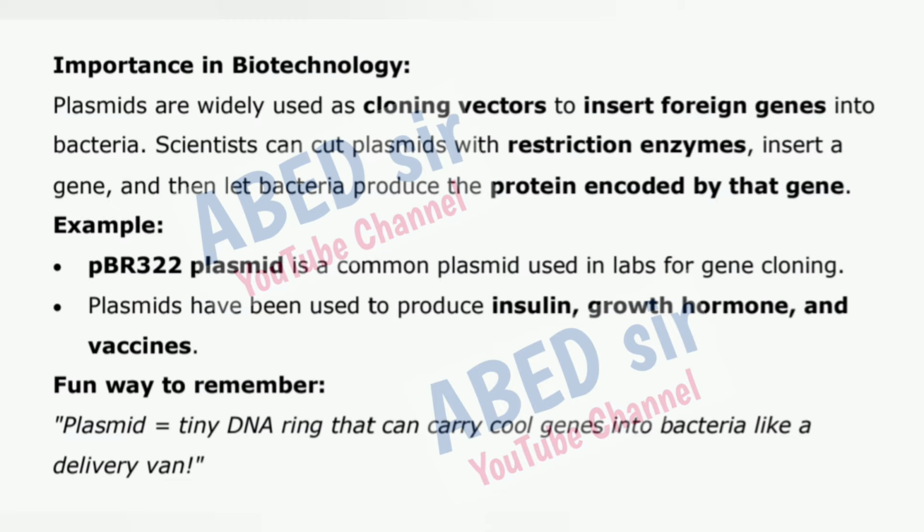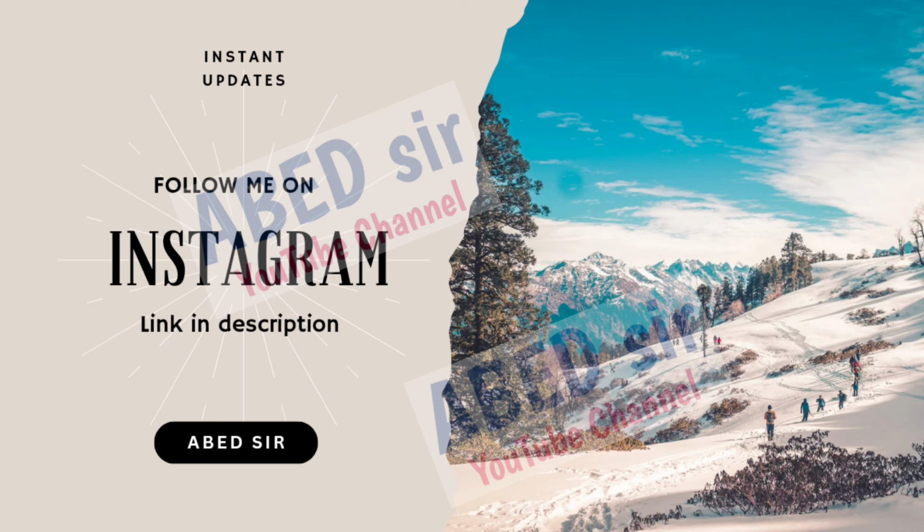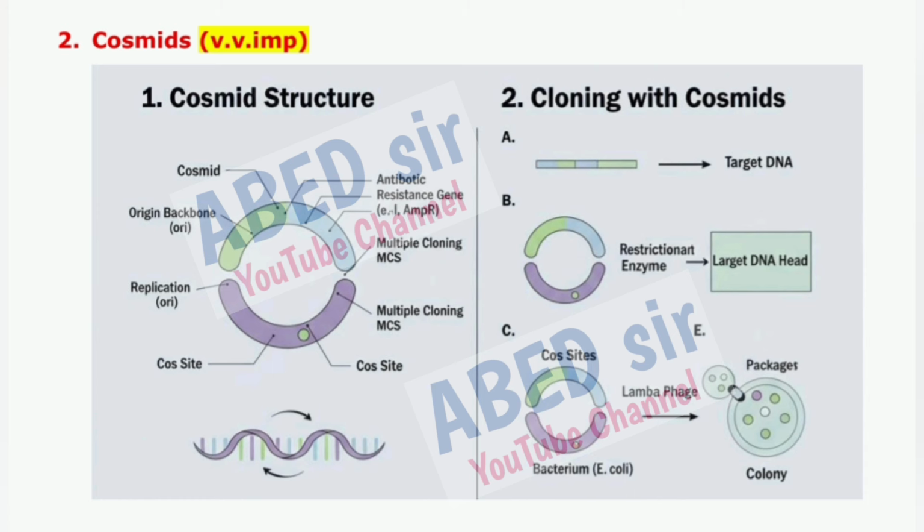Plasmids have been used to produce insulin, growth hormone, and vaccines. Fun way to remember: plasmid equals tiny DNA ring that can carry cool genes into bacteria, like a delivery van.